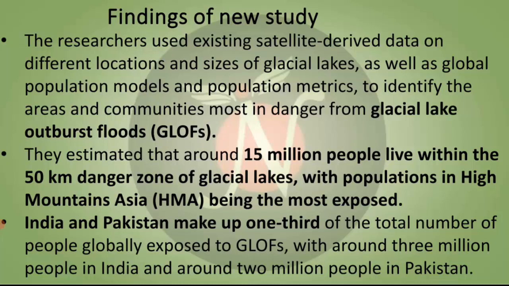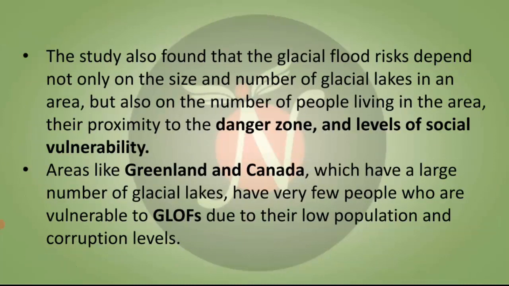They estimated that around 15 million people live within the 50-kilometer danger zone of glacial lakes, with populations in high mountain Asia being the most exposed. India and Pakistan make up one third of the total number of people globally exposed to GLOFs, with around 3 million people in India and around 2 million in Pakistan.